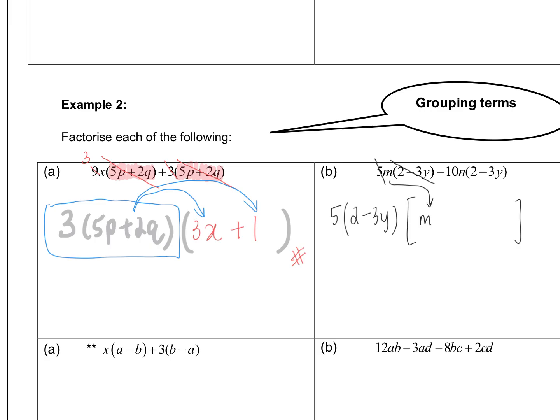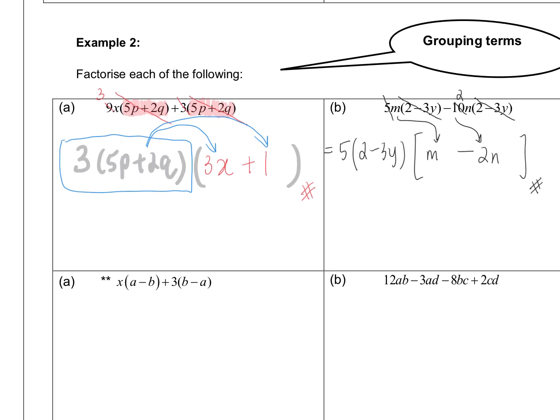Okay, I take out the 5. I take out this whole thing. Done. Okay, that's it. So just combine the two same thing names. Correct. So this one is not difficult, huh?